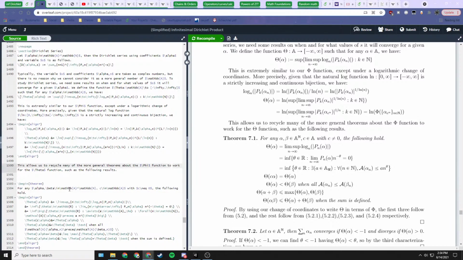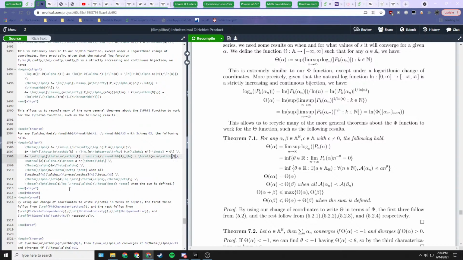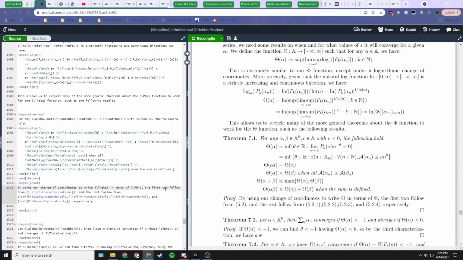But actually we don't really need to restate this. We can just cut off this. And that's a little better. Okay.